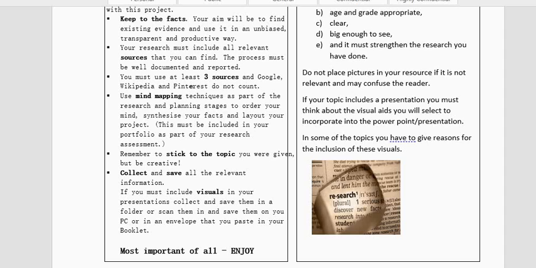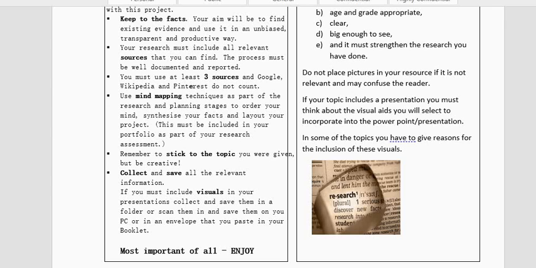It will help them to organize the information and at the end synthesize their facts and the final layout of the project. So each learner, irrespective of which topic he has, will have a mind map as part of his research. Please remind them to stick to the topics they were given, to collect and save all the relevant information.